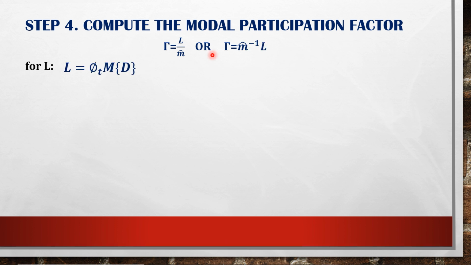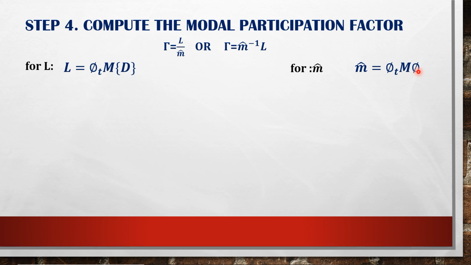So, for L, we will be using the formula: L is equals to phi transpose mass times D. For M hat naman, or for generalized mass matrix, M hat is equals to phi transpose, or the eigenvector transpose, times the mass matrix times the eigenvector na hindi transpose.